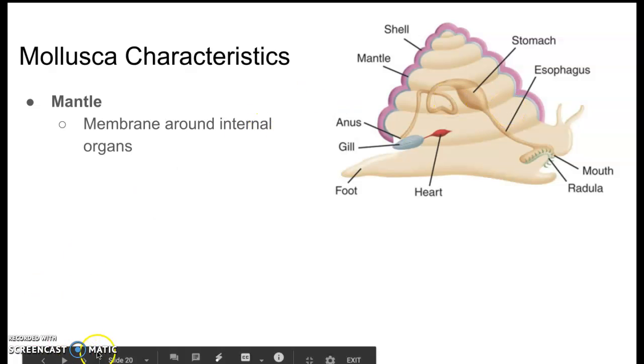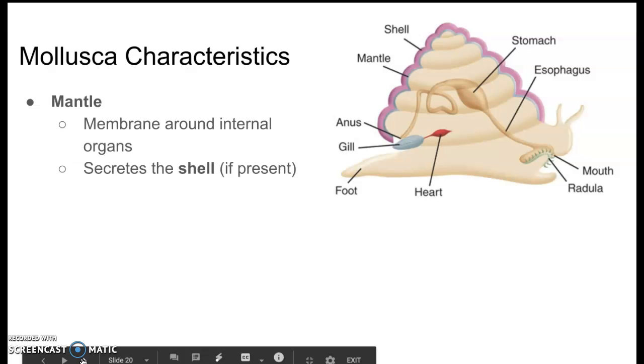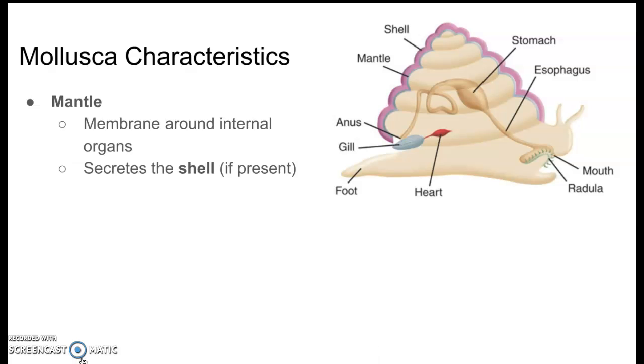This mantle allows this organism, the mollusk, to continue to build its shell. Now, obviously, not all organisms have shells, so therefore they don't all have mantles. So this is only for organisms who have shells.